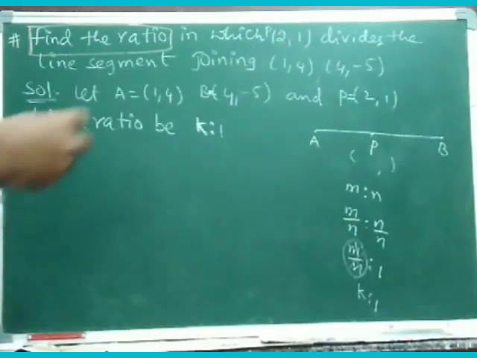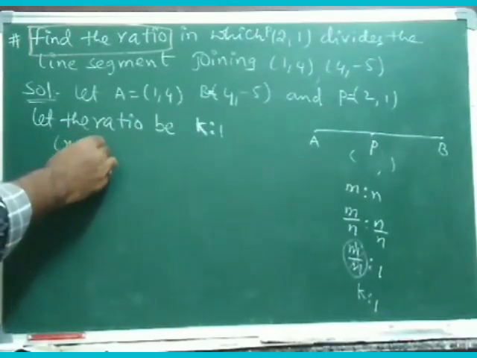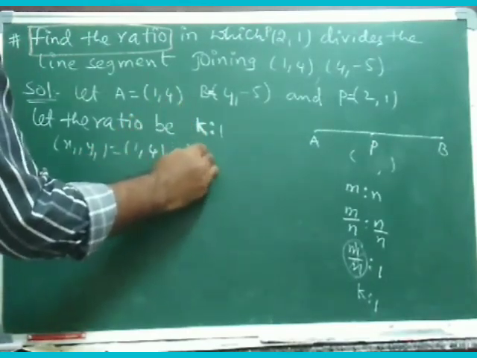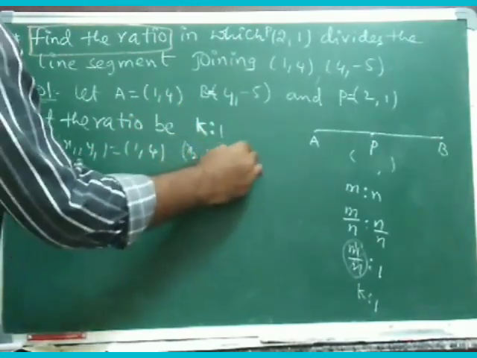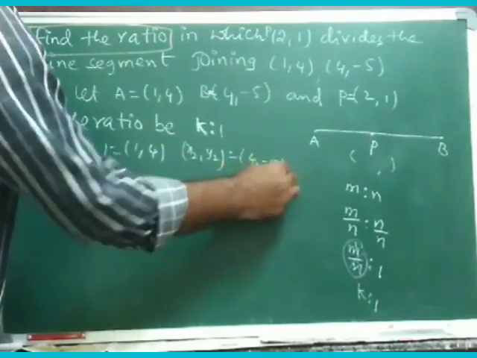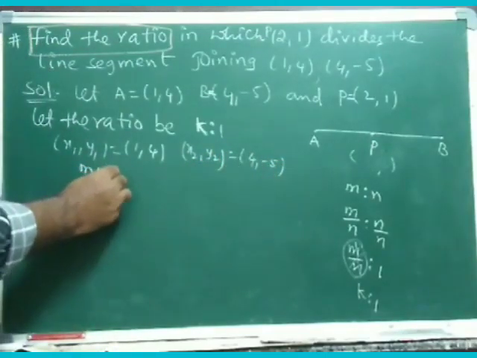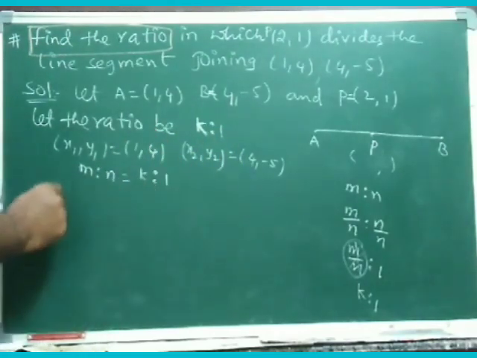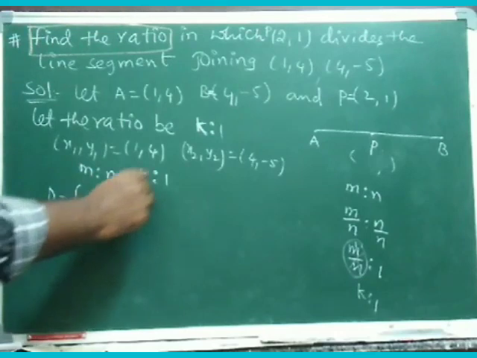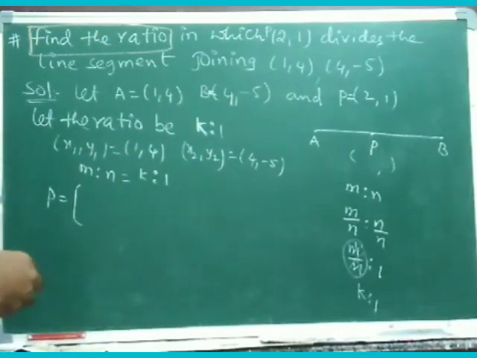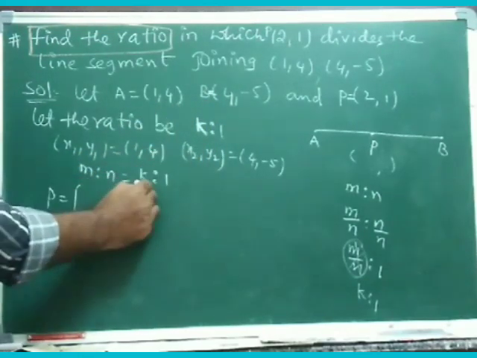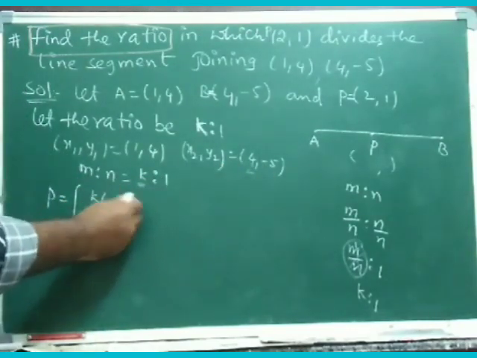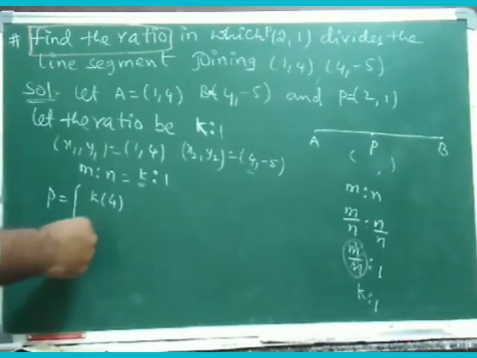Right, my dear? So therefore, look at me here. We already have x1, y1 equals (1, 4), isn't it? And x2, y2 also we have, (4, -5). And instead of m:n, now we have k:1. Hence, let us find the coordinates of P using the same section formula. m x2, m is k, x2 is 4, hence k into 4, isn't it?